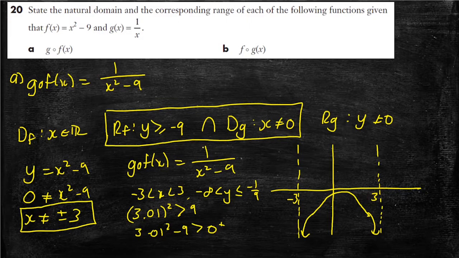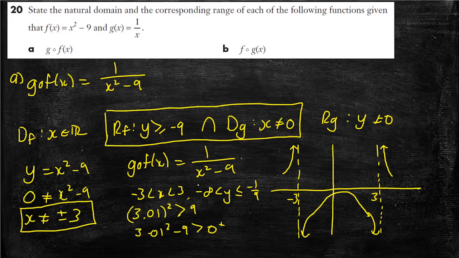So we're still going to have 1 divided by 0, which is going to be undefined or infinity. So as x approaches 3 from the right, we're going to go up towards infinity, because we're basically doing 9 take away 9, but it's just a little bit bigger than 0. And again, this will be mirrored on the negative side, because when we square the negative, it's going to turn into that positive anyway.